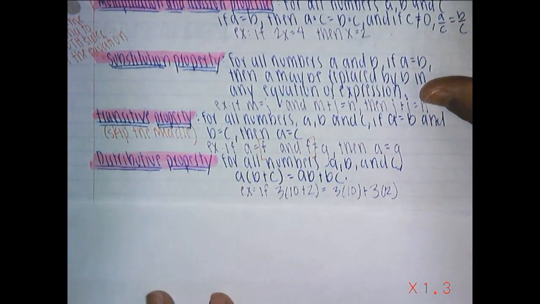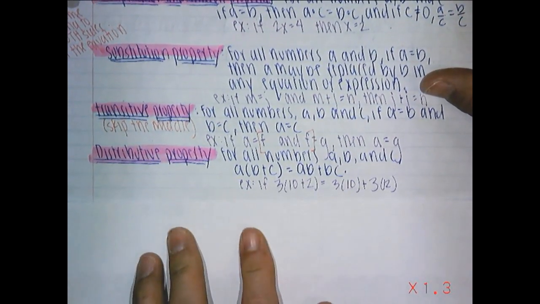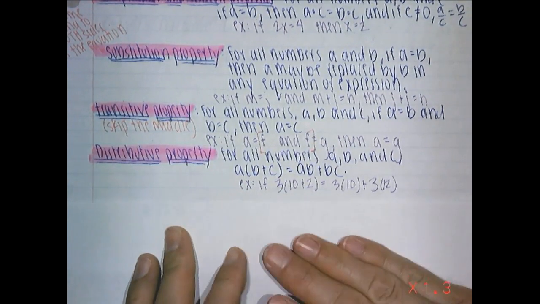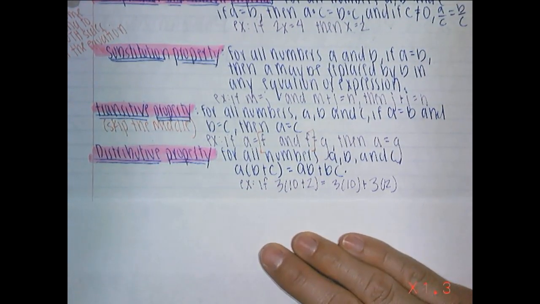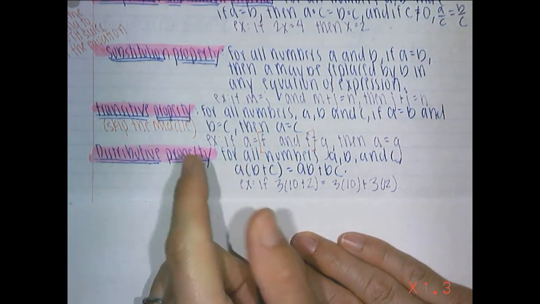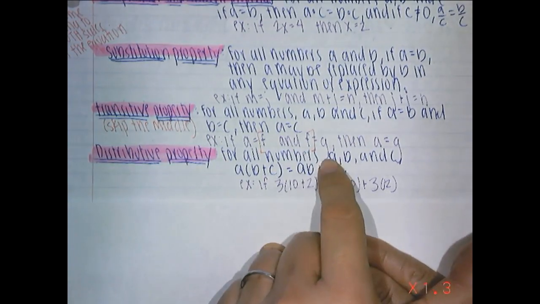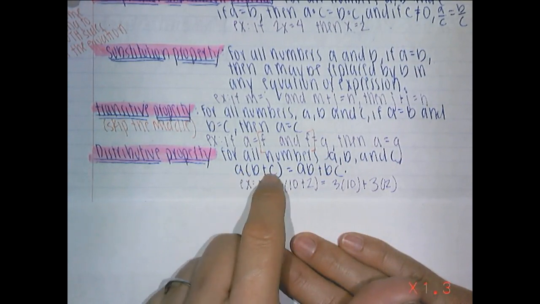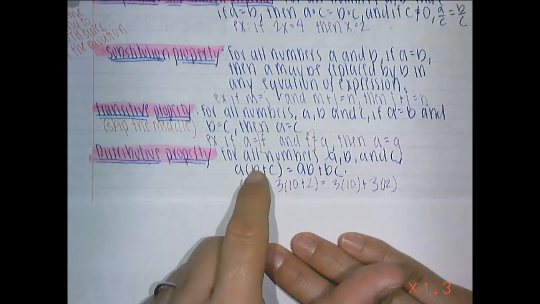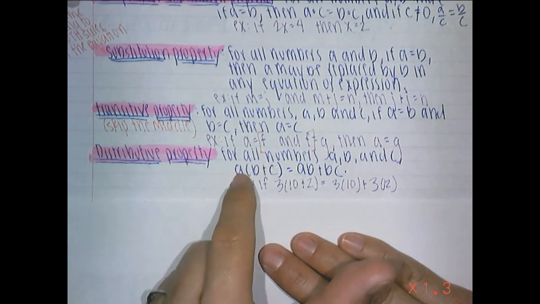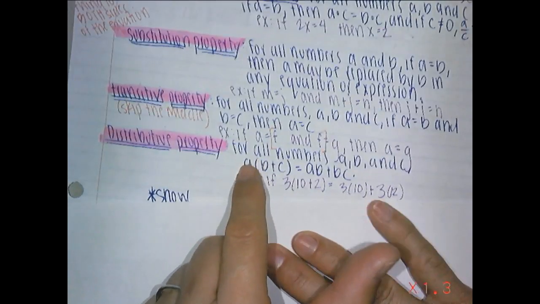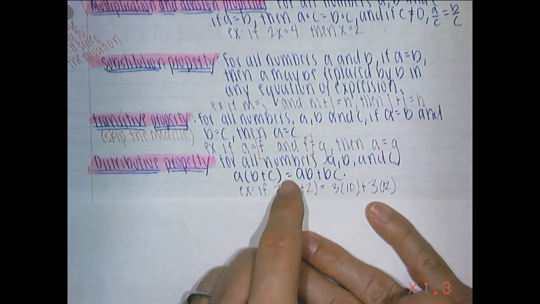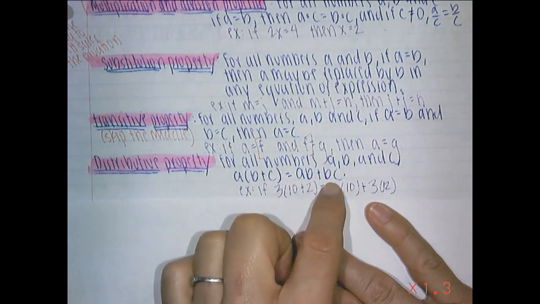Okay, and then we talk about the distributive property. All of you should have at least heard the word distribute at this point in your math careers. For all numbers A, B, and C, if you have A on the outside, in parentheses B plus C on the inside, that A gets distributed to each of these letters. A times B, A times C. It equals AB plus AC.